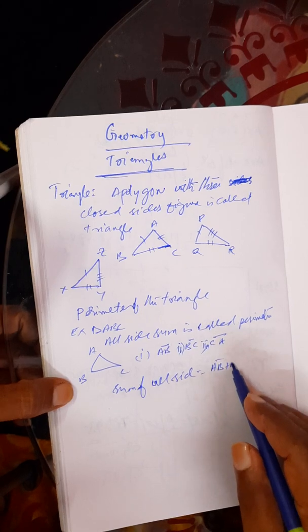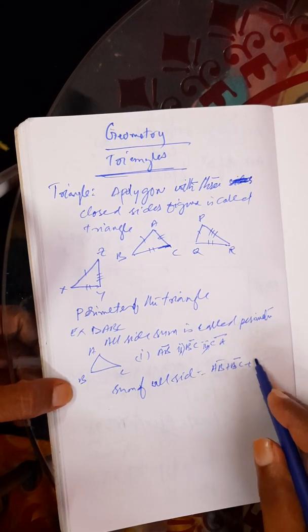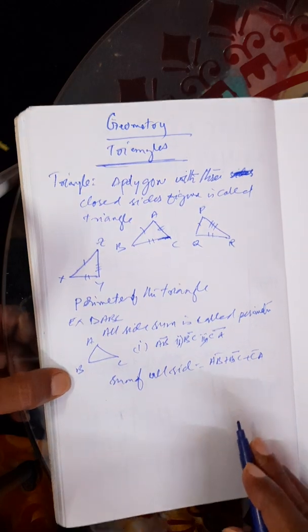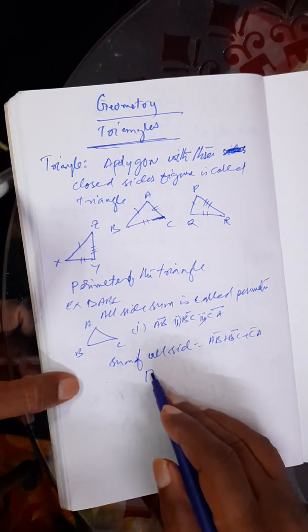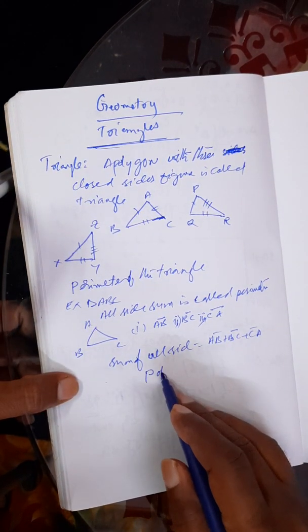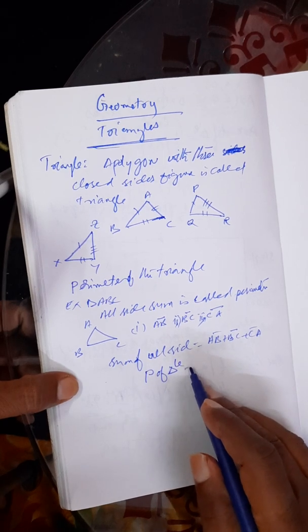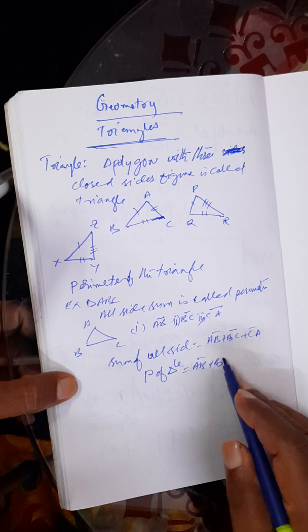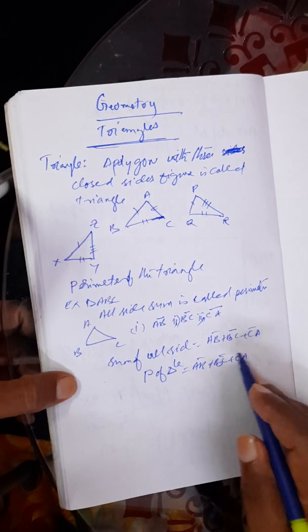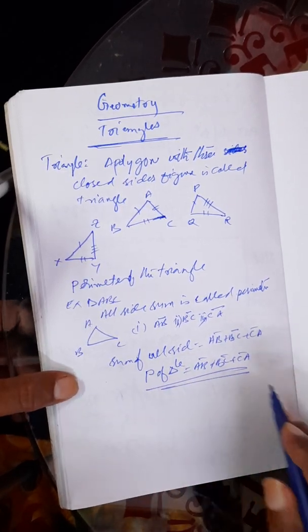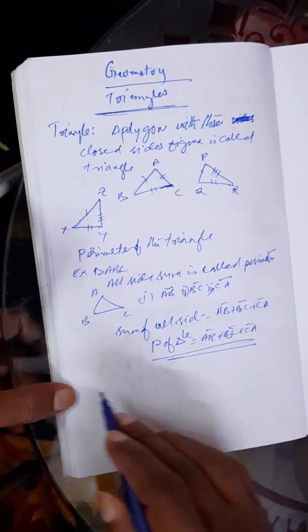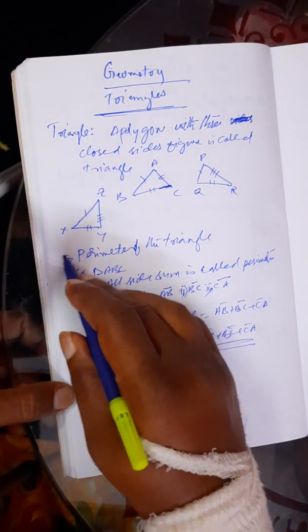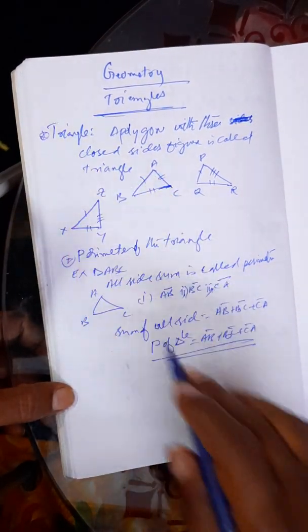AB plus BC plus CA. This is called perimeter. So we write perimeter of triangle equal to AB plus BC plus CA. This is the first point.